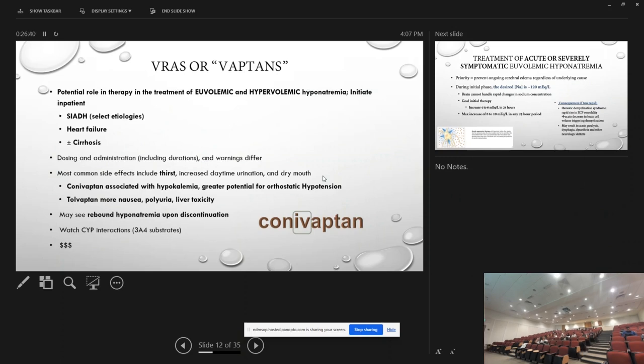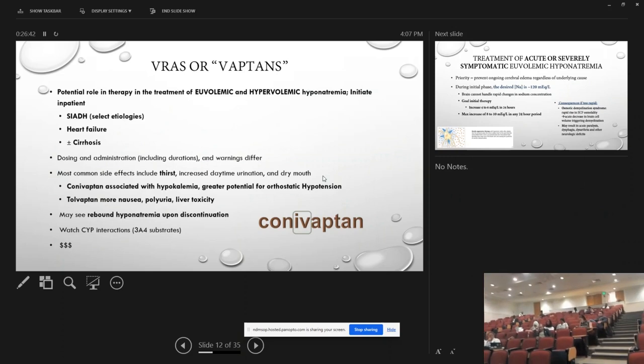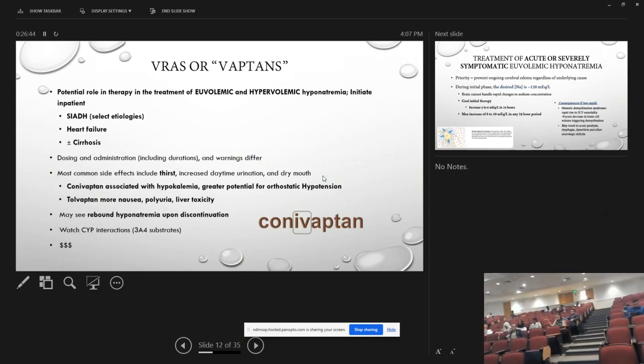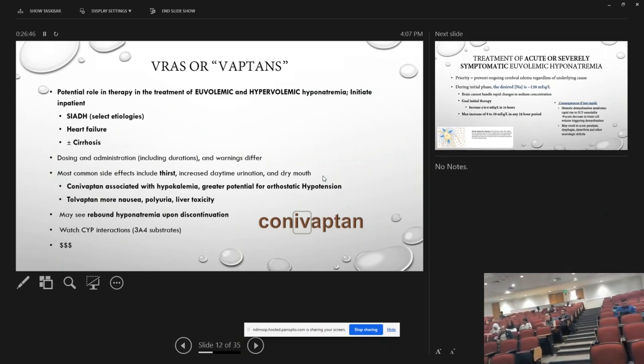So in euvolemic or hypervolemic, you can consider the Vaptans. Dr. Joshi mentioned these drugs, this class of drugs, and there's indications for SIADH, heart failure, and then softer indications for cirrhosis.